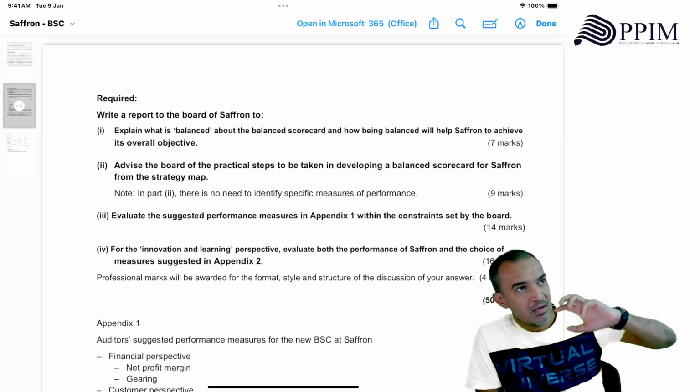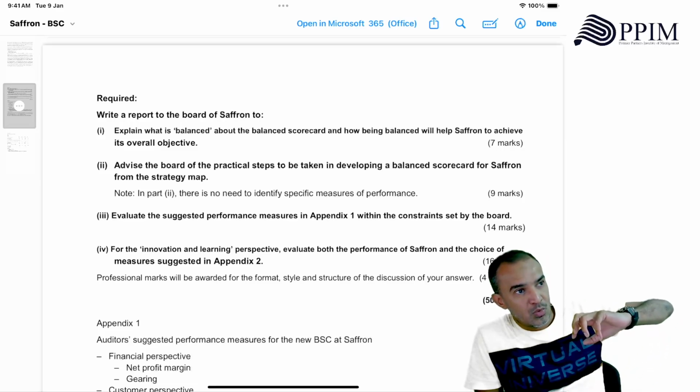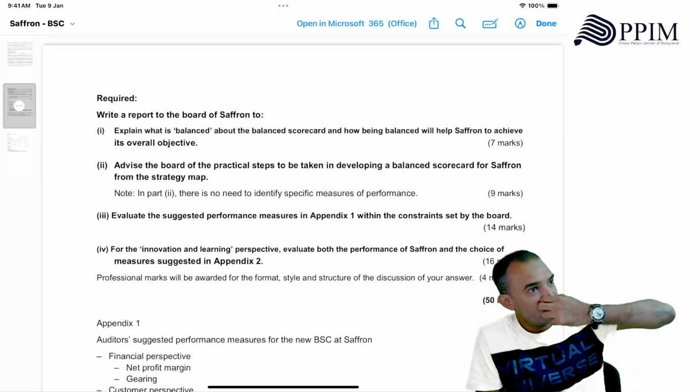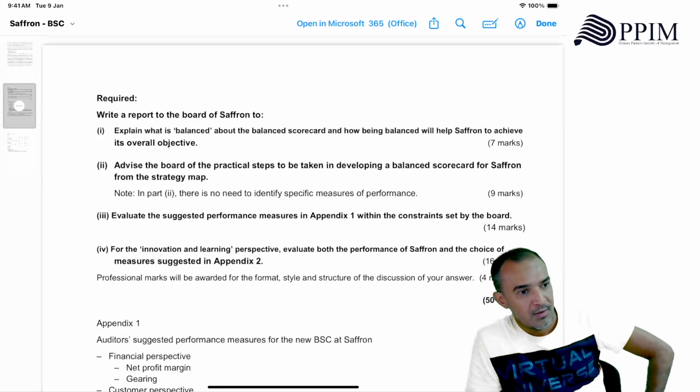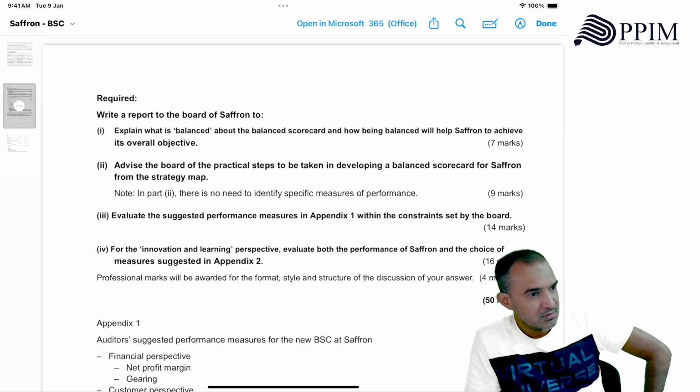You can use it to implement strategy by way of bringing in measures through balance scorecard, and you can also use it to monitor performance with your current setup.